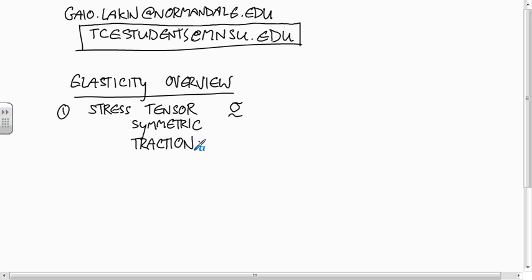And in order to calculate the traction, we're going to use this relationship that says the traction, which is a vector, a load acting on a face, is equal to the stress tensor times a unit normal to the face that you care about.